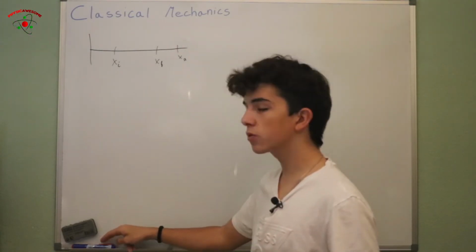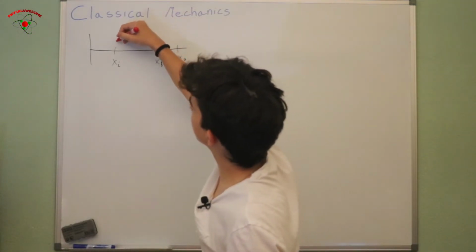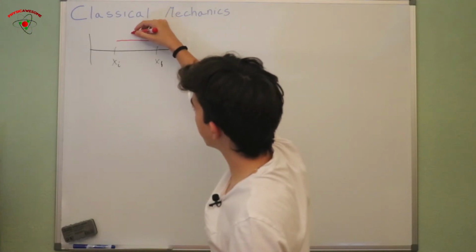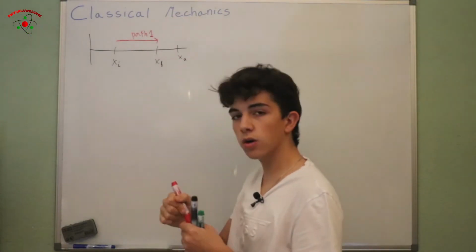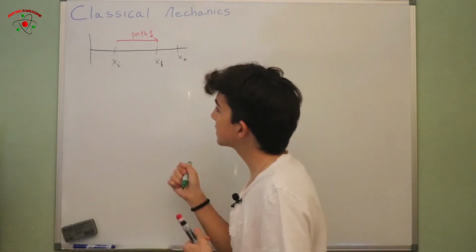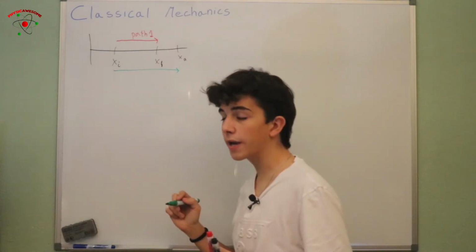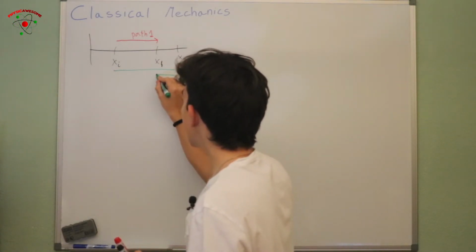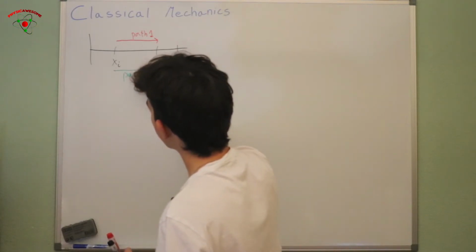We are going to have two different trajectories. We are going to have this path, that is path 1, and we are going to have this second path that is going all the way to xa and going back to xf. It's going to be called path 2.